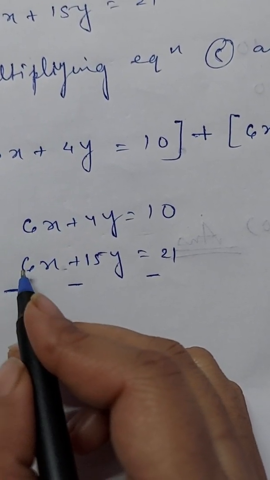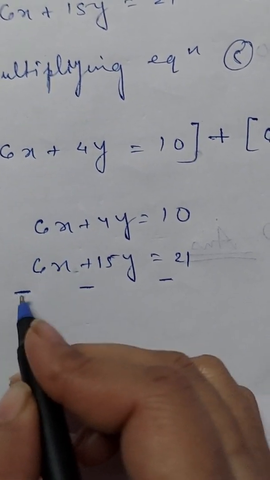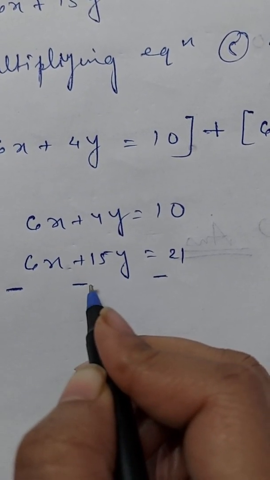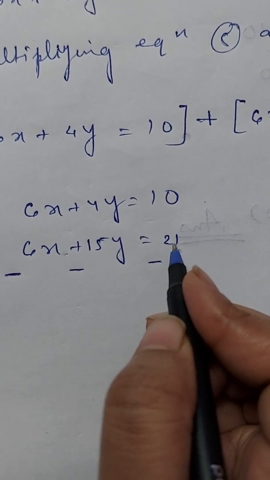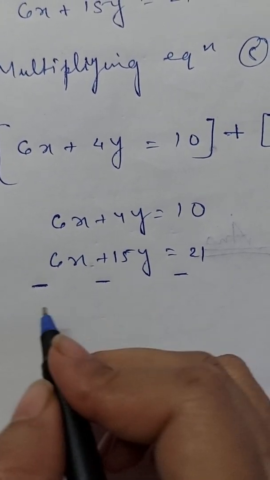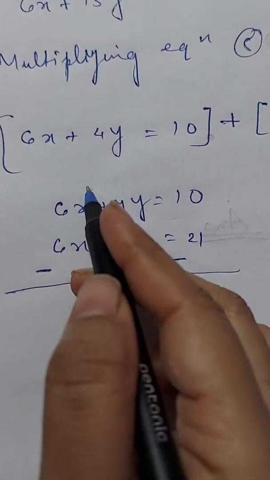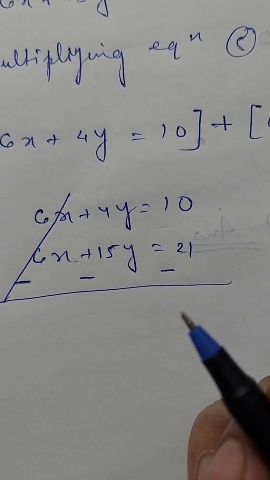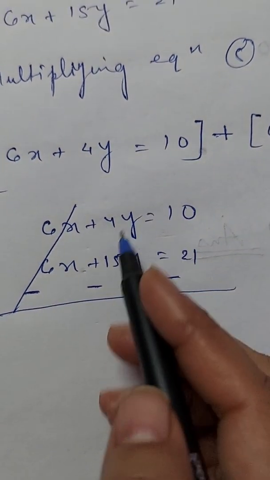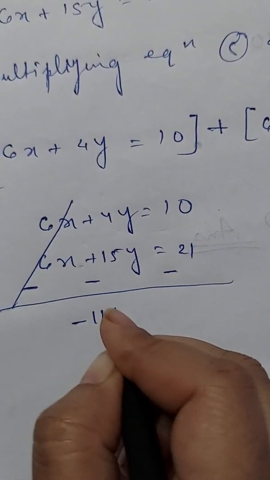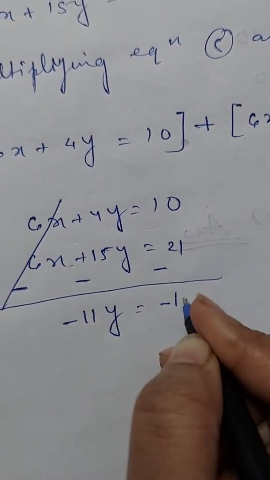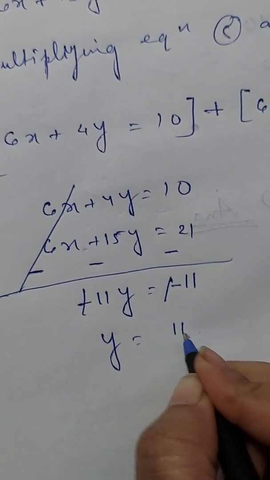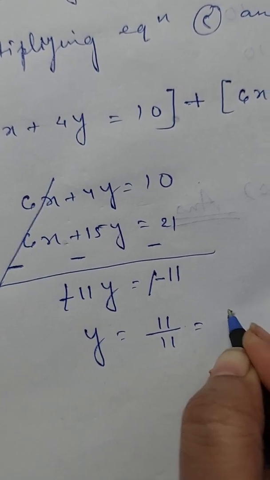We consider positive 6x as negative 6x, positive 15y as negative 15y, and positive 21 as negative 21. So we can eliminate 6x easily, and here we get minus 11y is equal to minus 11, and y will become 11 by 11, which is equal to 1.